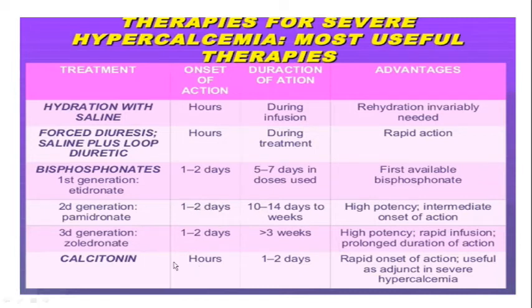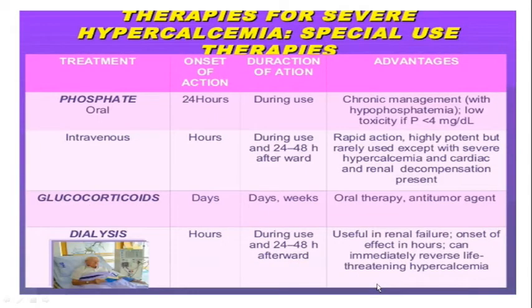Then calcitonin, which is an antagonist of PTH, has a very fast, rapid onset of action, and it can be used as an adjunct to hydration with saline and diuresis in cases of severe hypercalcemia. And then the phosphates: oral phosphates are for chronic management of hypophosphatemia, or intravenous can be given with severe hypercalcemia or cardiac or renal decompensation.